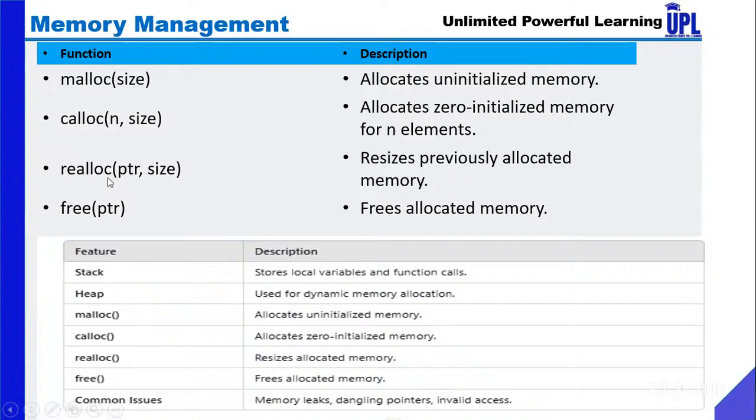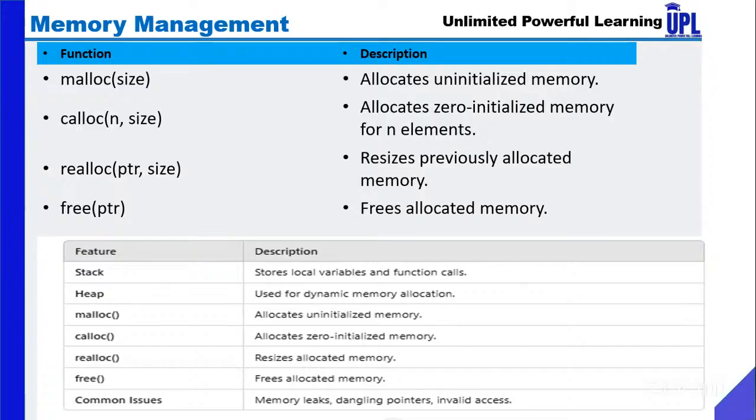Realloc is when you have a memory that you have used, but at this moment you can enlarge it. For example, initially you are using 4 bytes, suddenly you need 8 bytes. Then you can add some more 4 bytes so that the earlier data is not lost. This is called realloc. And after usage of all these 3, you can free, that's called free.